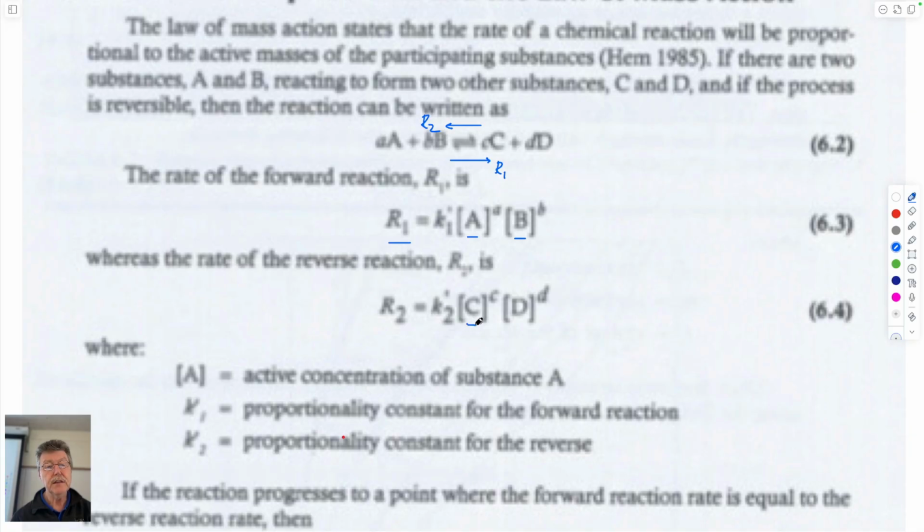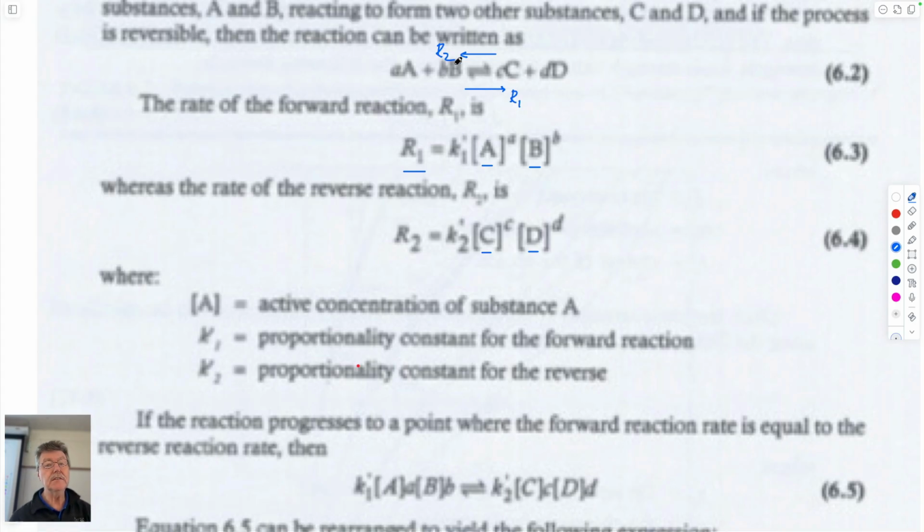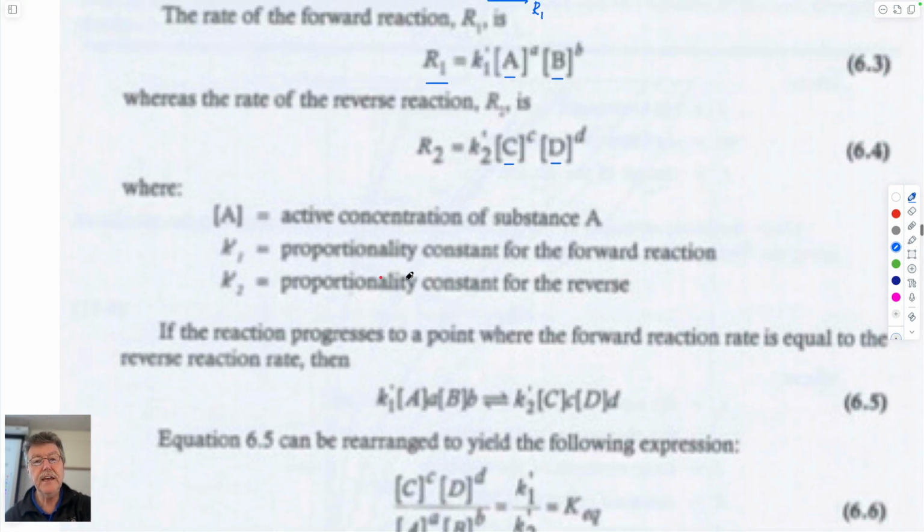These are the concentrations of these individual components in moving back from this to this state. And so at some stage when this is in equilibrium, we're making as much C and D as we are in reverse reaction A and B. And so in that particular case, we can take these two components and equate them to each other.